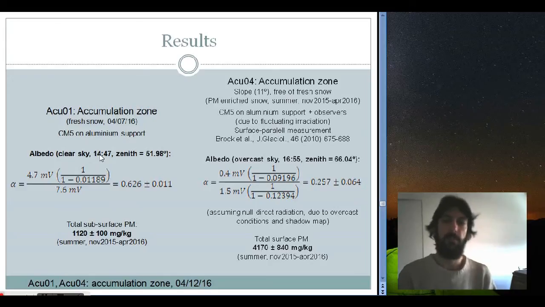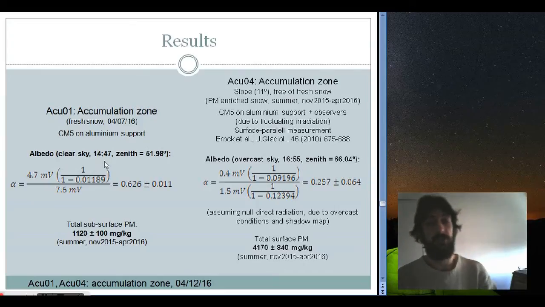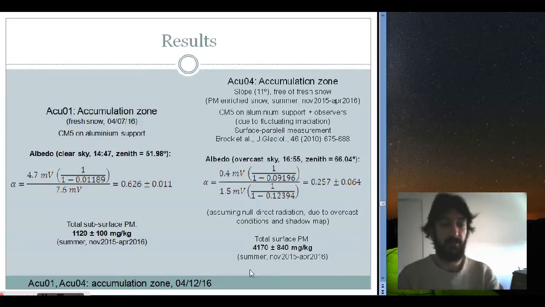So measurements showed a much higher concentration of particulate matter, of course, and a much lower albedo, right? As it was an overcast sky, as I said before, we needed to flip the sensor quickly so we can measure upwelling and downwelling radiation for the same incident radiation, right?